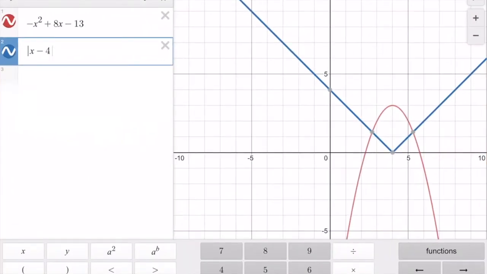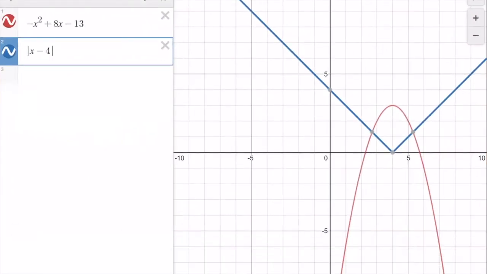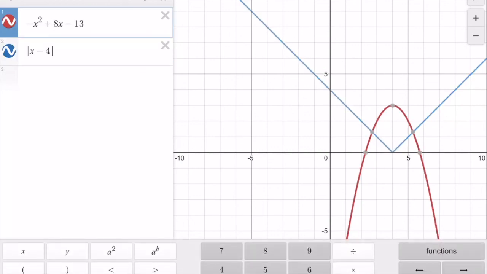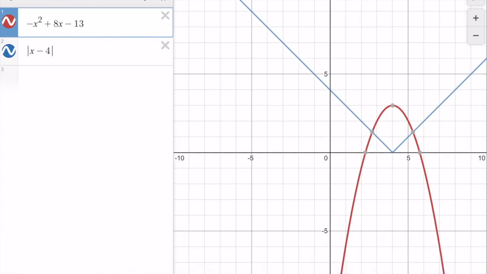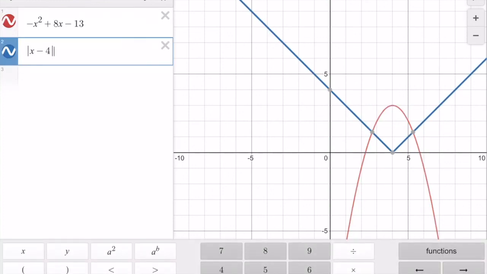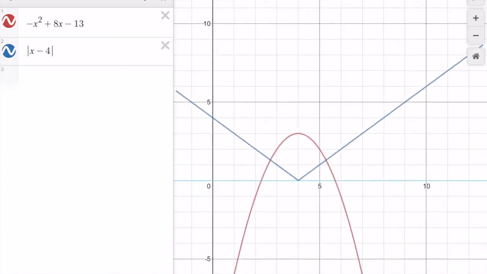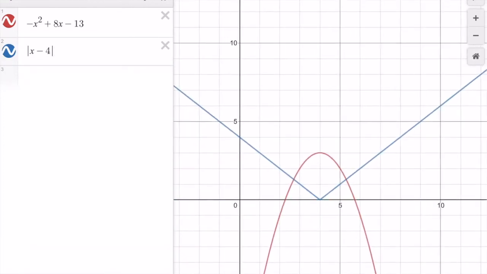Okay, and so in this one you can see I graphed the parabola, negative x squared plus 8x minus 13. It's right here in the red. And then I graphed the absolute value. And what you can see is that these two graphs intersect.